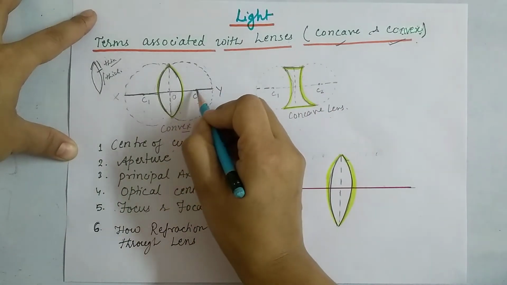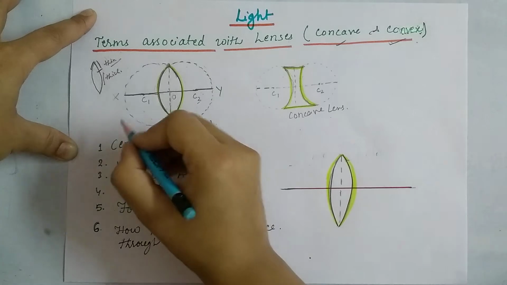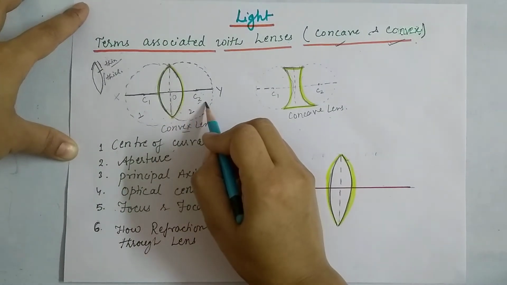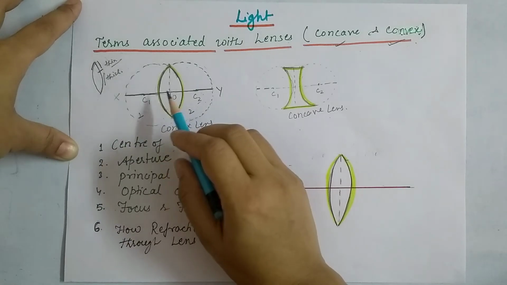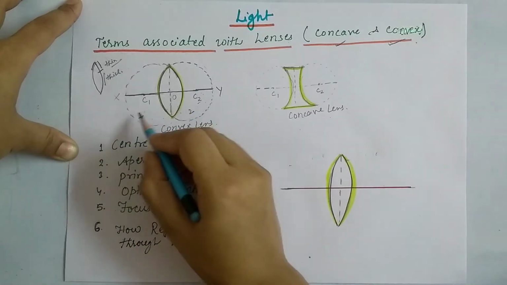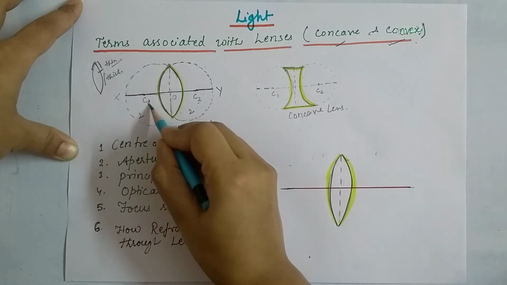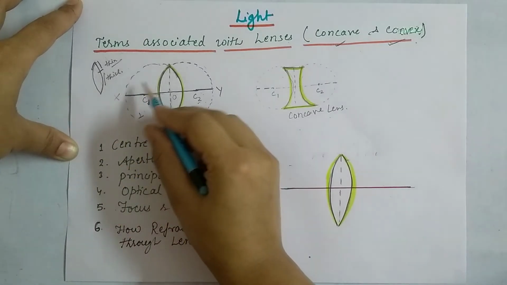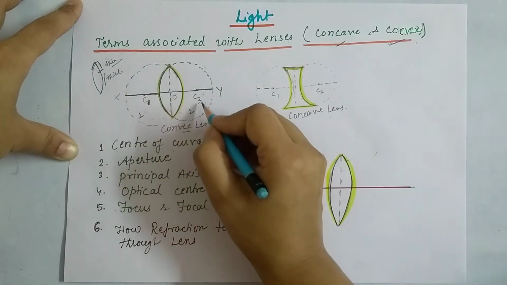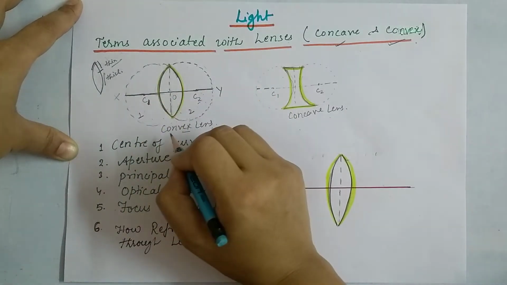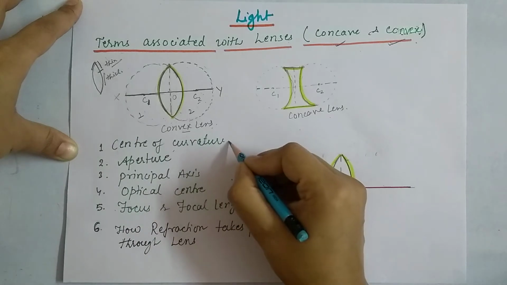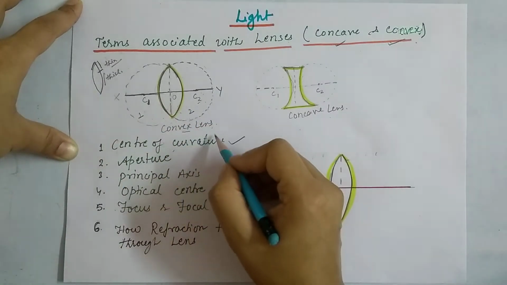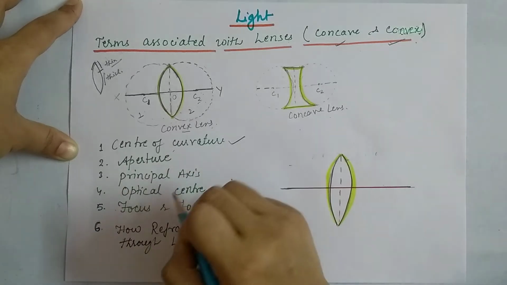If there are two spheres, sphere 1 and sphere 2, it means they also have some centers. So we can mark center 1 here and center 2. Center 1 is for the first sphere, and center 2 for the second sphere, and that is called the center of curvature of the convex lens.